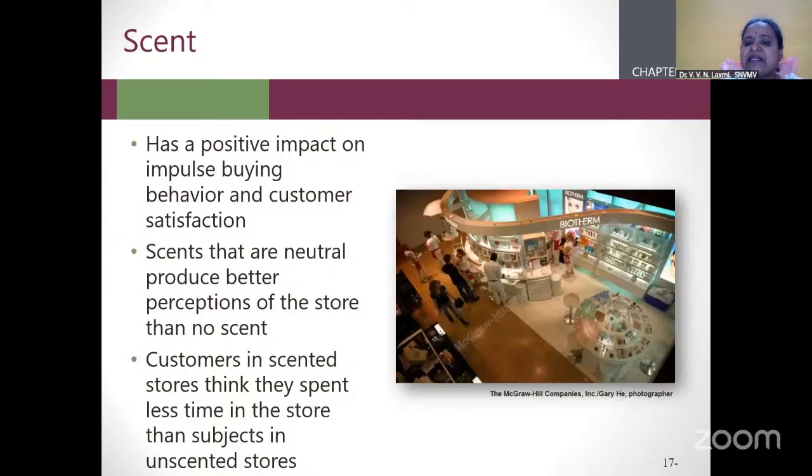Even the scent, the perfume, the smell of it will create a positive impact on impulse buying, and further it will motivate the customers to spend more time within the outlet, and also to buy more items from the store.